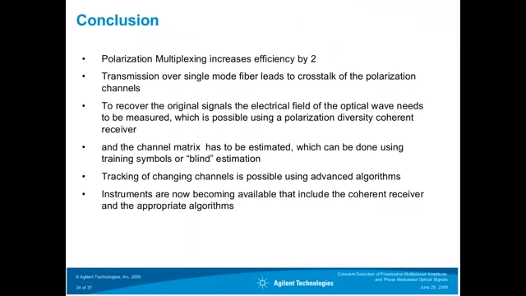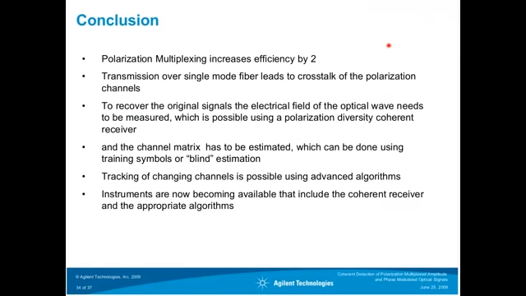So to conclude, we have seen that polarization multiplexing increases the efficiency by a factor of 2. The transmission over single mode fiber leads to crossback of polarization channels. So we need to recover the original signals in order to be able to demodulate the signals coming into the receiver.